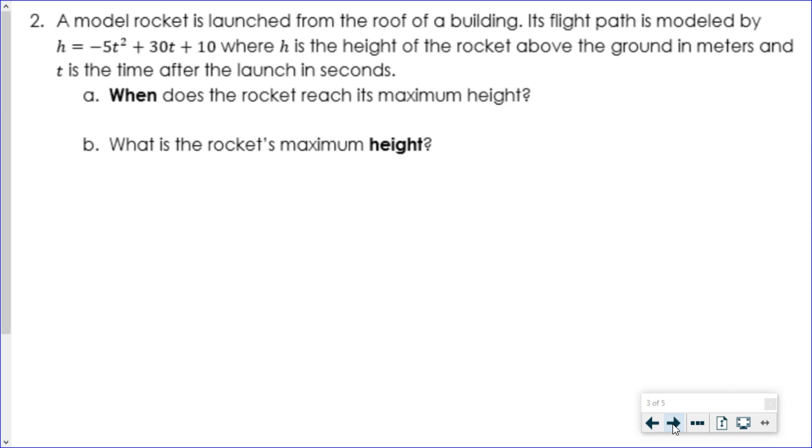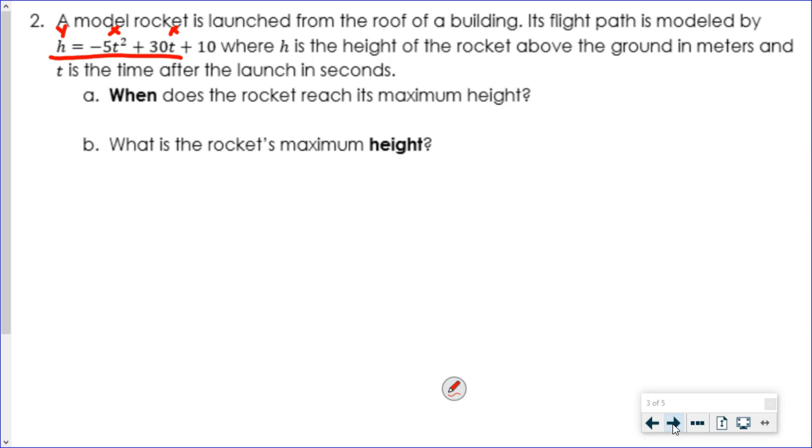Okay, number 2, it says a model rocket is launched from the roof of a building. And remember, what comes up must eventually come down. Its flight path is modeled by this equation, where h is the height of the rocket above the ground in meters at time t after launch. So again, remember, these are my x's and this is my y.